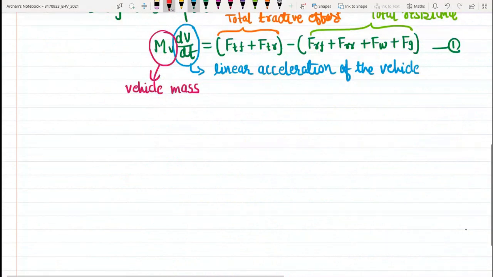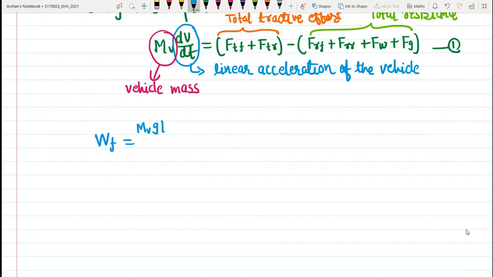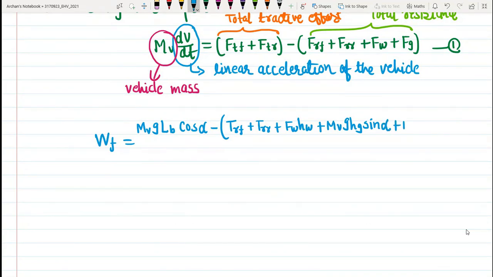So what will happen now, Wf will be equal to mvg Lb cos alpha minus Trf plus Trr plus Fw hw plus mvg h sin alpha plus m h g dv by dt.